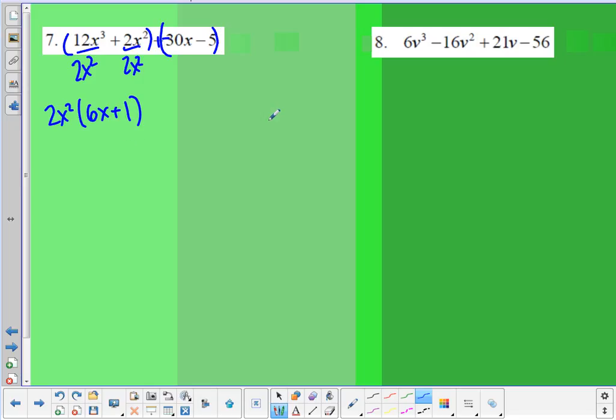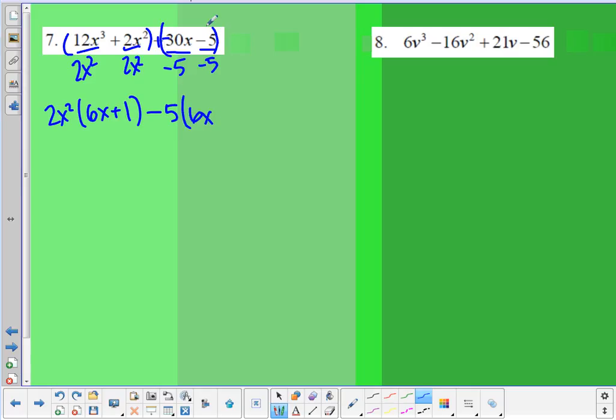Then take a look at the second group. Negative 30x minus 5. They're both negative. I want my results to both be positive. This is a positive 6x, that's a positive 1. So that tells me I need to take a negative out with whatever my GCF is. I'm going to take a negative out, and the GCF of 30 and 5 is 5. So I have minus 5 in between here, and then negative 30 divided by negative 5 is positive 6.